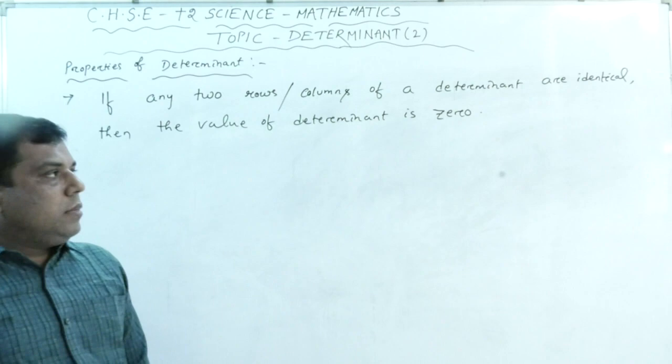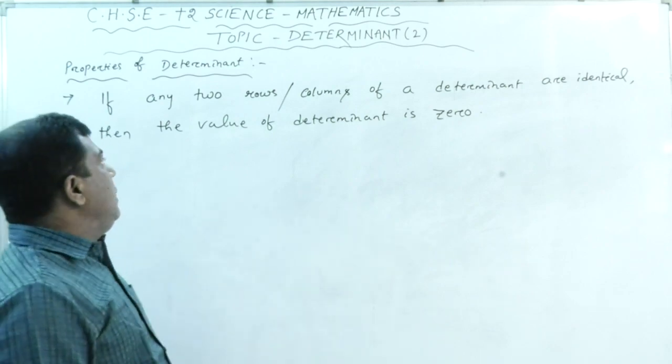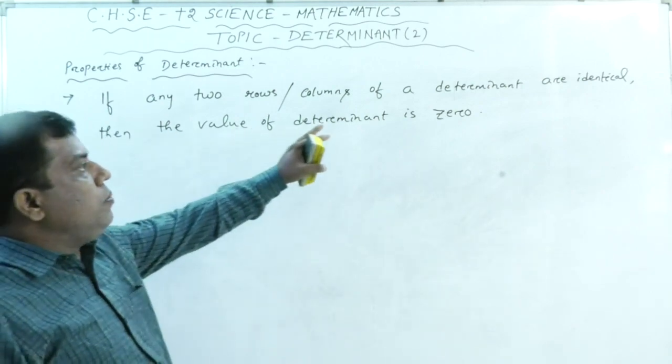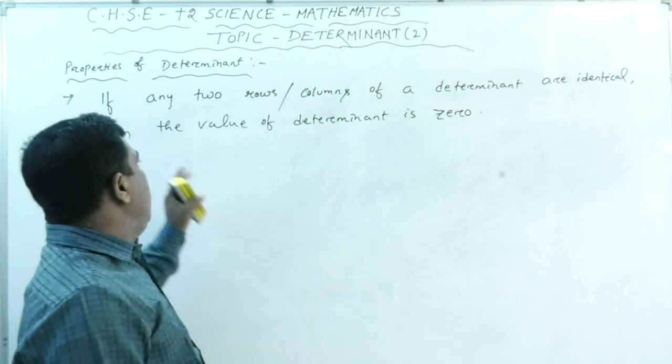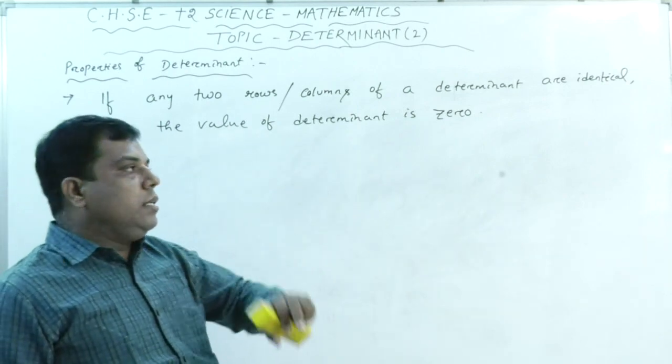This is the third property. It says, if any two rows or columns of a determinant are identical, then the value of the determinant is 0.